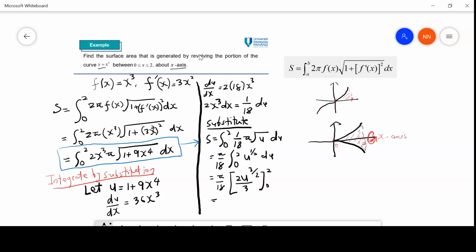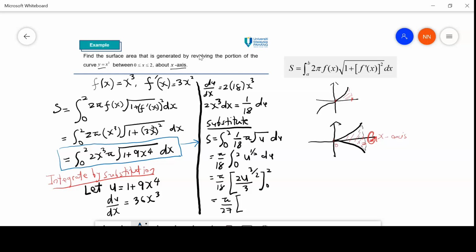Okay, so simplify further. You have 3 here, you have 2, so I can simplify this. Times with the constant outside, I should have pi over 27. And then for u, I replace it back. So what is your u?